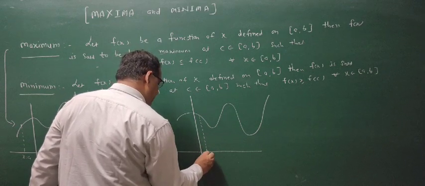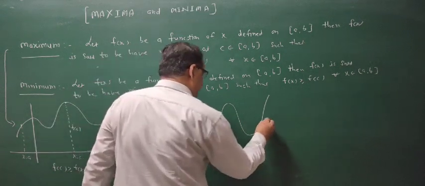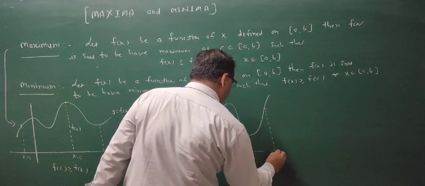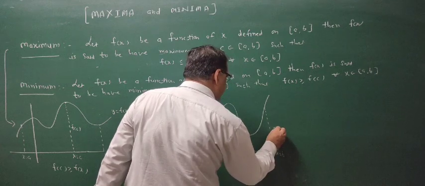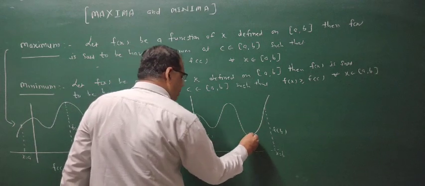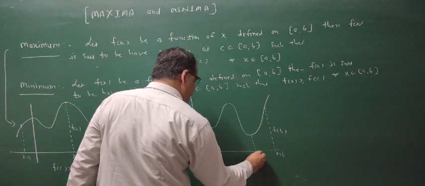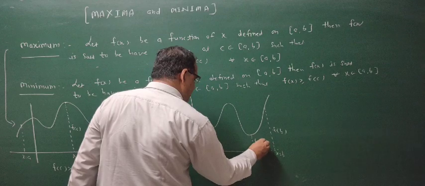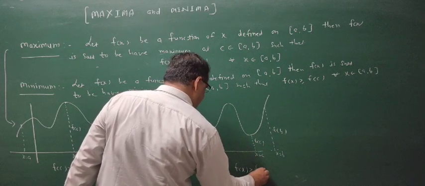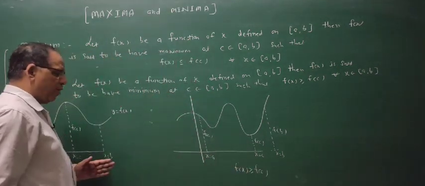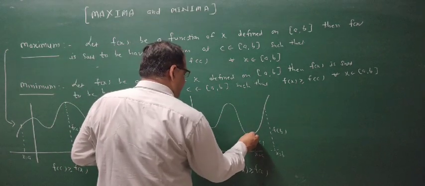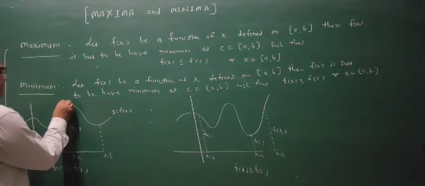Similarly, for minimum, suppose this is the point x equal to a, and this is the point x equal to b. This is shown by f(b), this is f(a). So clearly, if this is x equal to c, this is known as f(c). So here f(x) is always greater than f(c) between the values of a and b. So this shows the minimum and this shows the maximum point.